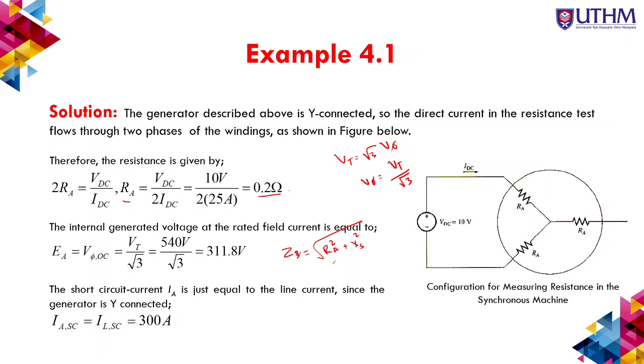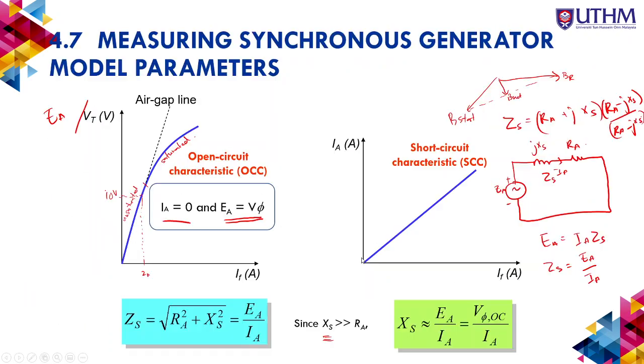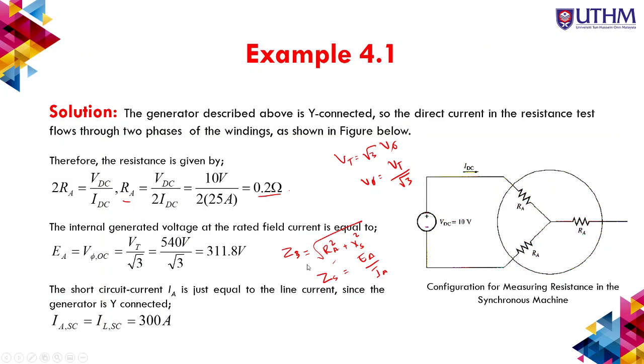Okay, it's okay. So we have ZS equal to EA divided by IA. Am I right? So you can use this one as ZS. Don't use this one because the RA is there. So use EA divided by IA, which is equal to ZS.